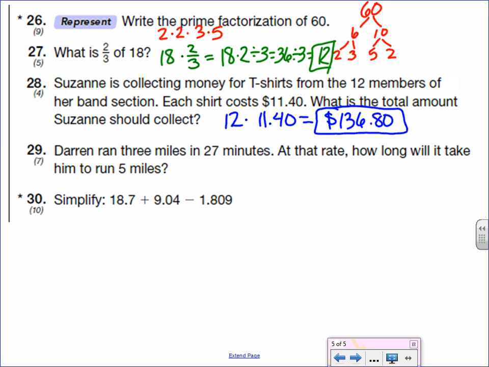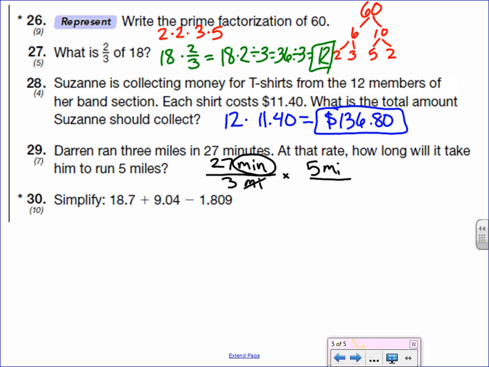Darren ran 3 miles in 27 minutes. At that rate, how long will it take him to run 5 miles? So 27 minutes per 3 miles. And then to cancel out miles and just have minutes, my miles needs to go on top of my next one.